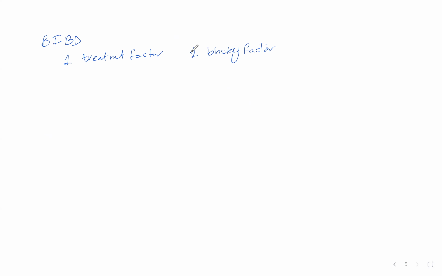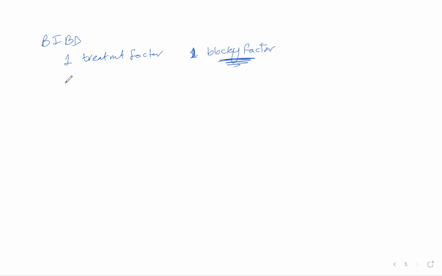But the problem here is that each block is not big enough to test all the treatments like in a complete randomized block design. The number of units in each block is smaller than the number of treatments. So this is why we use an incomplete block design, but we make it balanced because the balanced incomplete block design is better than the incomplete block design.